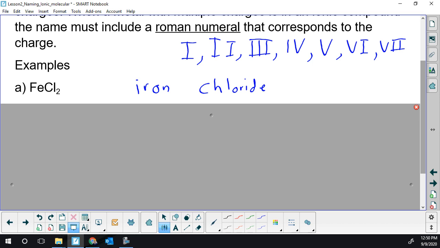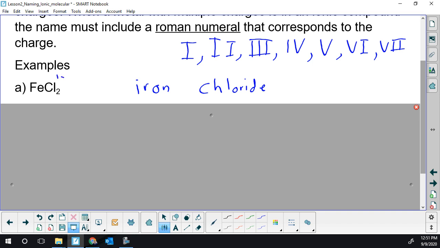+3 and +2. We've got to figure it out from the fact that there's 2 chlorides and only 1 iron. The charge of chlorine we know. What is Cl when it has a charge? It's only one option, -1.